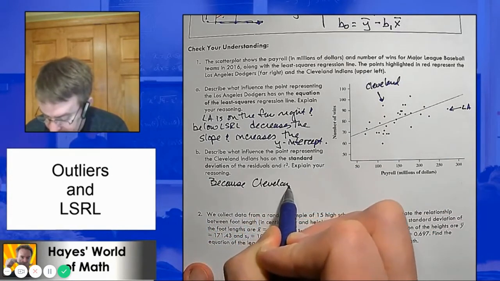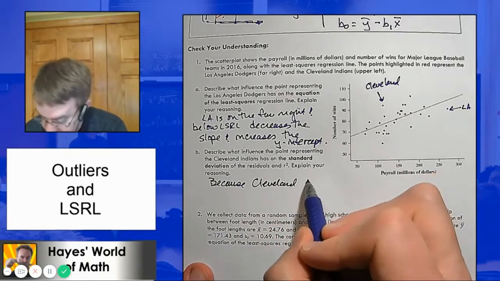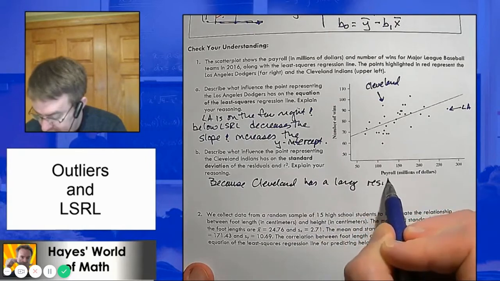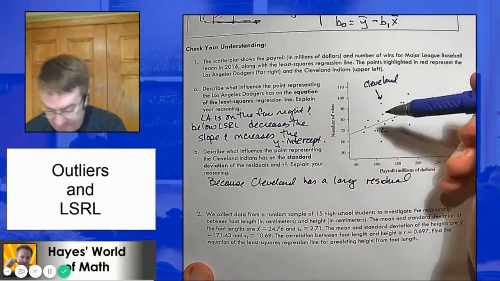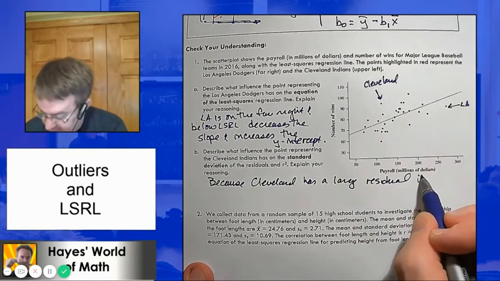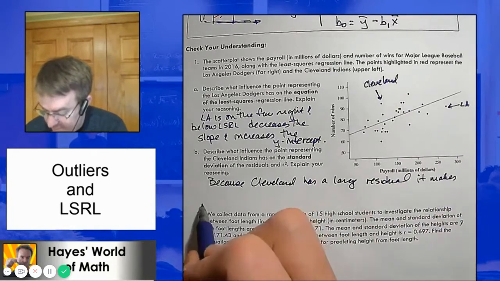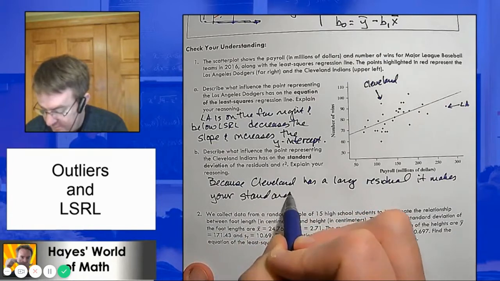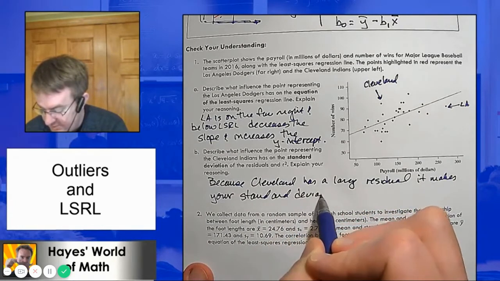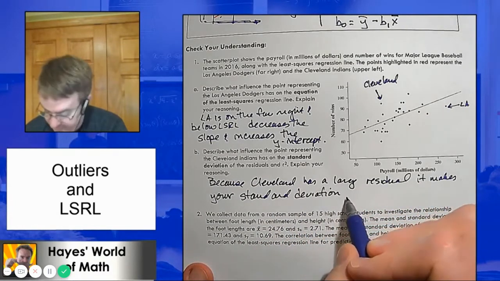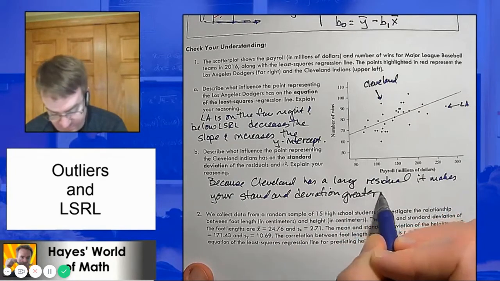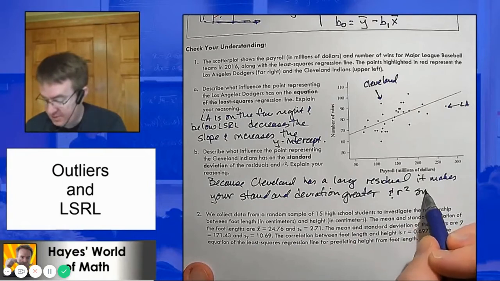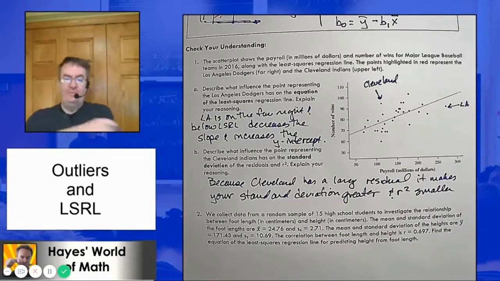Because Cleveland has a large residual, and we know that because it's far away from the least squares regression line in the y value, it makes your standard deviation greater, because it's going to give it more variability, since this is further away, as we found out yesterday, and the R squared is smaller.